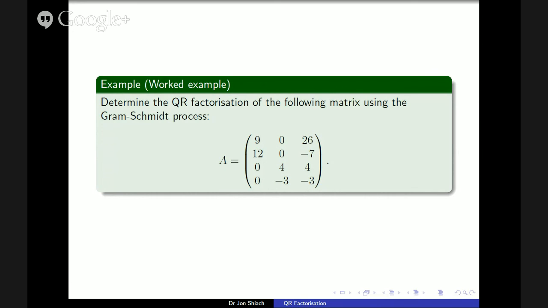And what I'm going to do in a minute is multiply these two matrices together to see if we get A, which hopefully we should. I'll put this up again at the end. I'm just going to switch over now to the PC to test whether we've got the right answer.